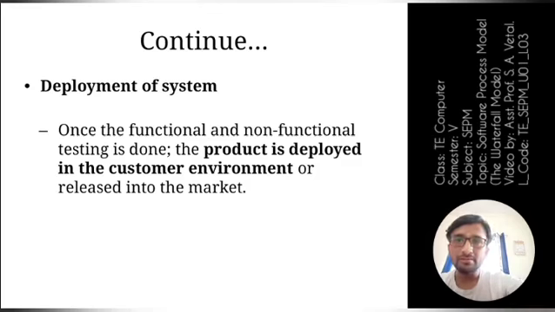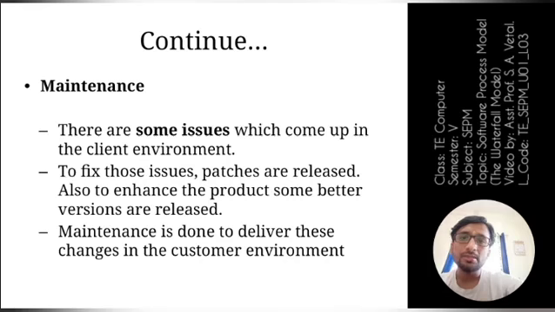Once we finish this, the last phase of the waterfall model comes, that is maintenance. In some cases, whenever we deploy the system on the customer's environment, we may face some kind of issues at the client's environment.